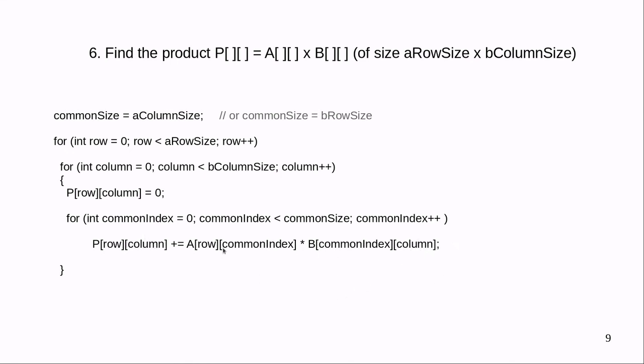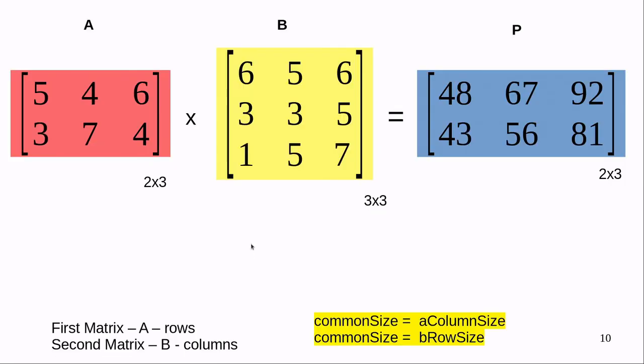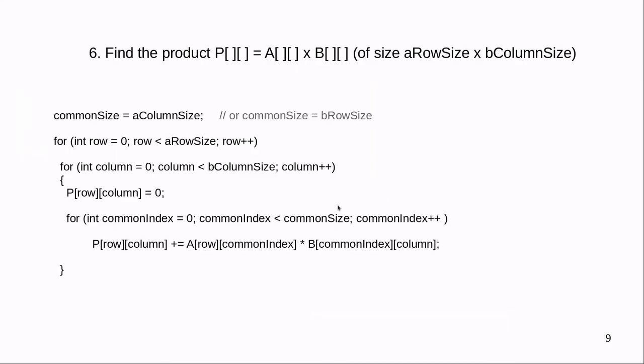And this value is common. The common index starts from 0, and it is incremented till the common size is reached. That's why we have the common index here in the center. For both the column size of matrix A and the row of B, we'll have the variable common index. So that's it about the multiplication process.